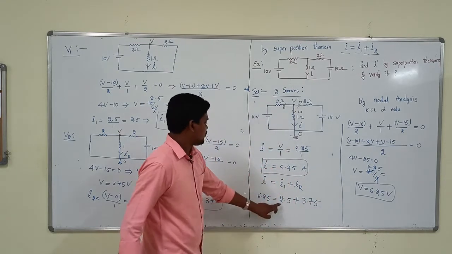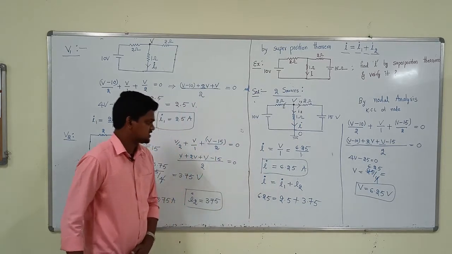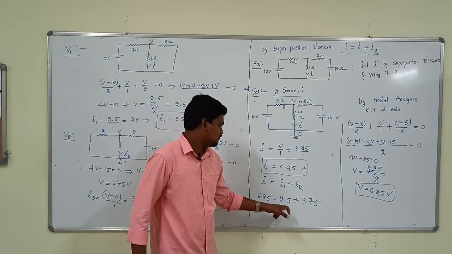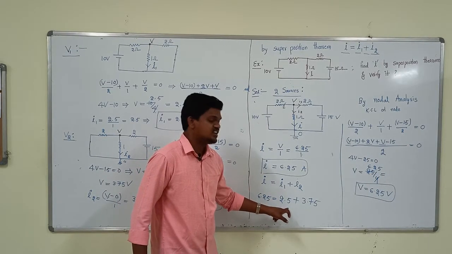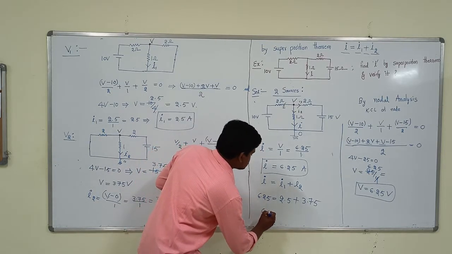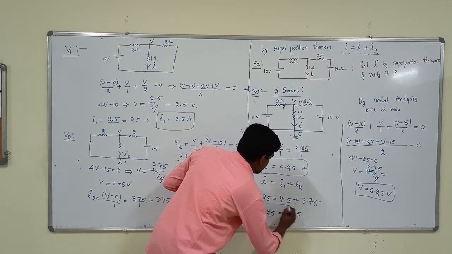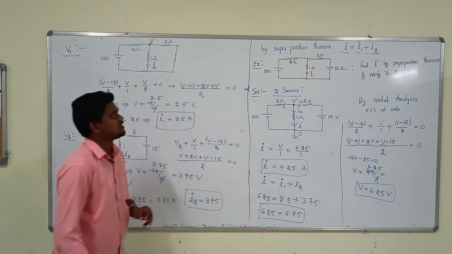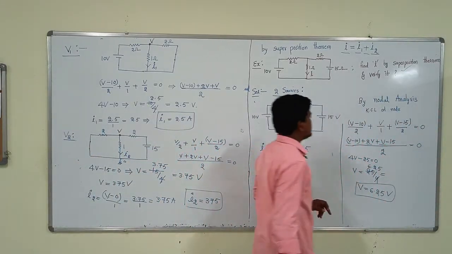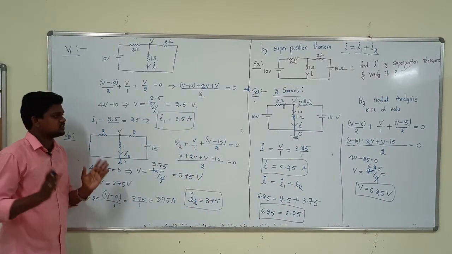Look at here, 2.5 plus 3.75 is nothing but 6.25. Why? Because 2 plus 3 is 5 and 0.5 plus 0.75 is 1.25. 5 plus 1.25 is nothing but 6.25. That means 6.25 will be equal to 6.25. Now, the superposition theorem is verified. This is the practical proof of the superposition theorem.